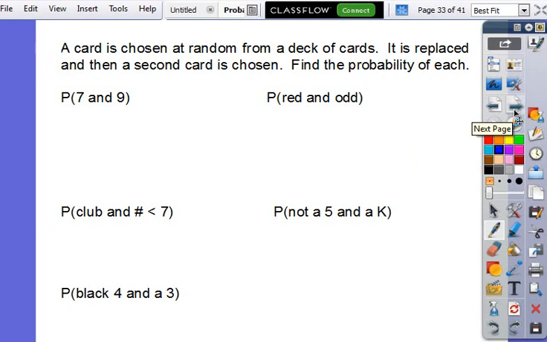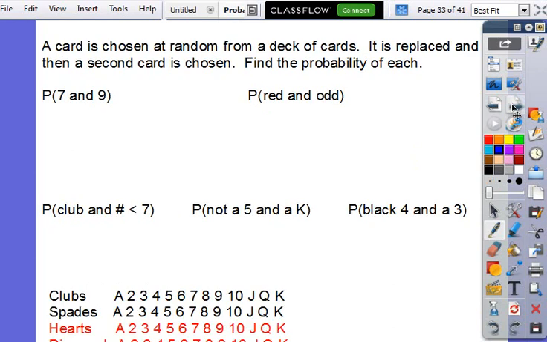All right, so for these, when I'm looking at the deck of cards, I know 7 and 9, picking a 7 has nothing to do with picking a 9. So I'm going to do the probability of 7 first times the probability of 9 second. Well, 4/52 times 4/52, and that equals 1/169.